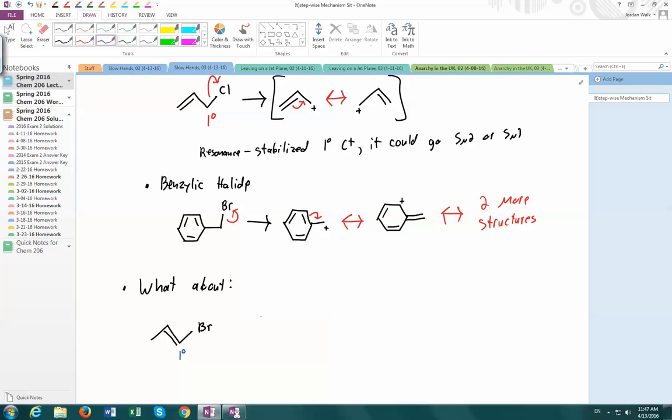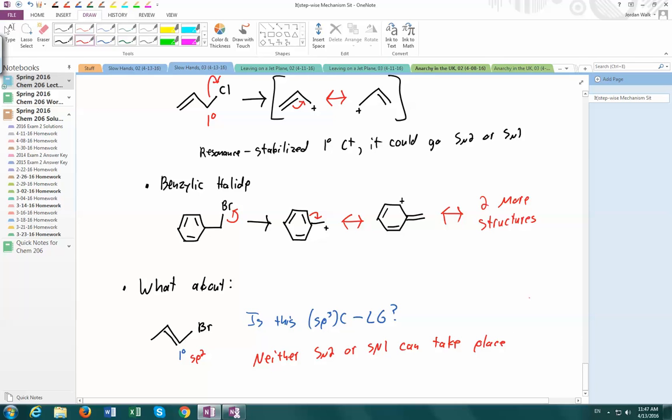But importantly, do we contain an sp3 hybridized carbon-leaving group bond? No, because the hybridization of this carbon is in fact sp2. And so because it's sp2, neither SN2 or SN1 can take place.